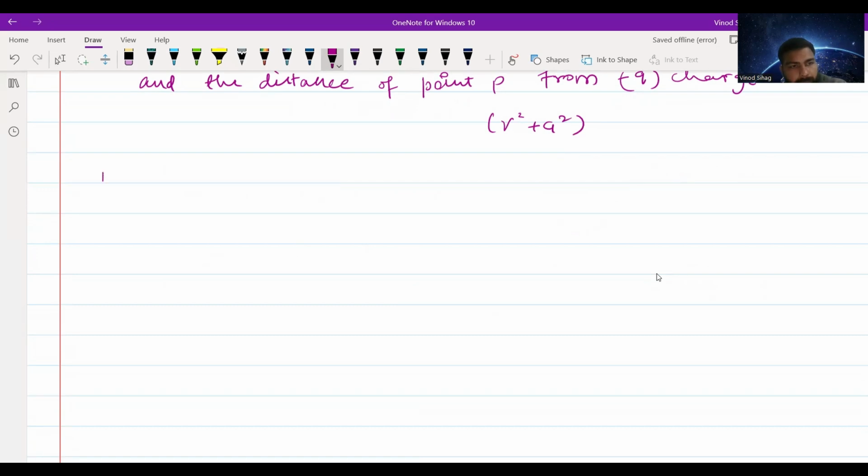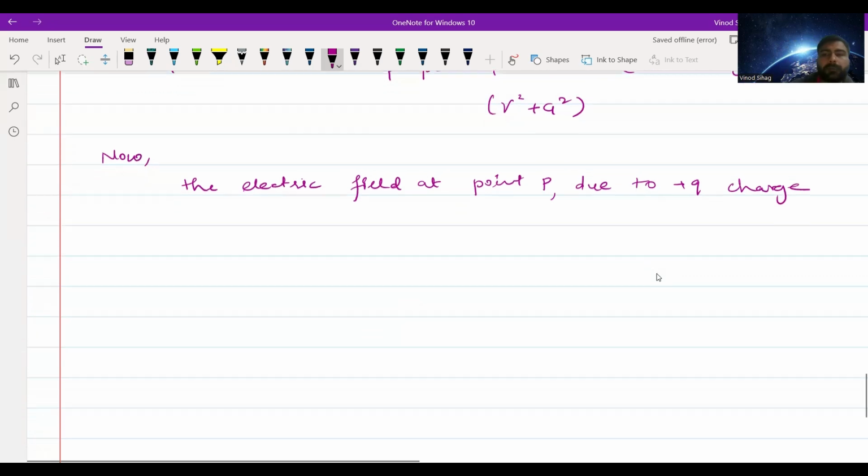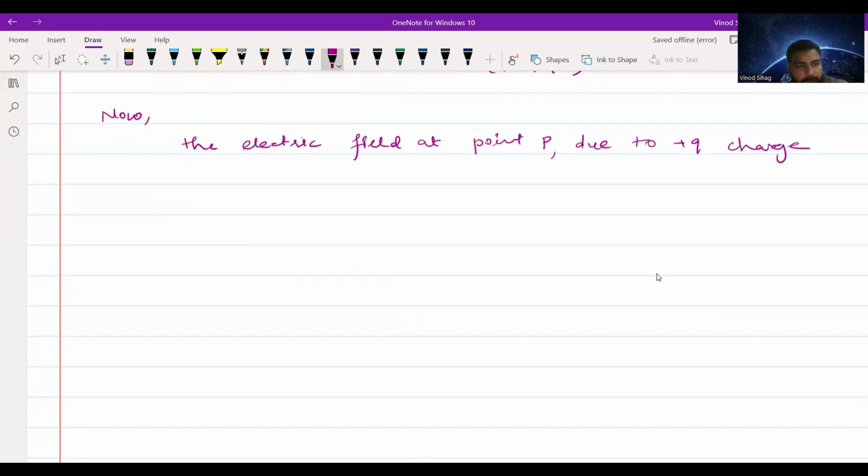Okay, now the electric field at point P due to positive charge, तो कितना हो जाएगा?